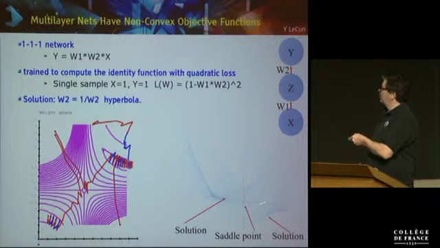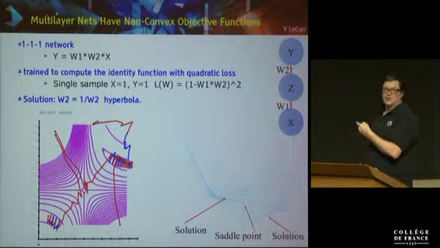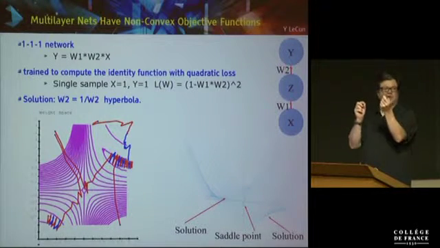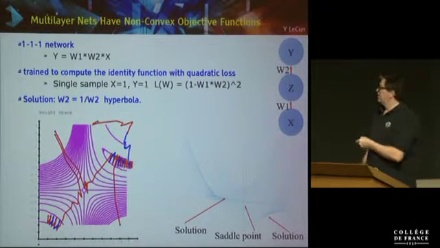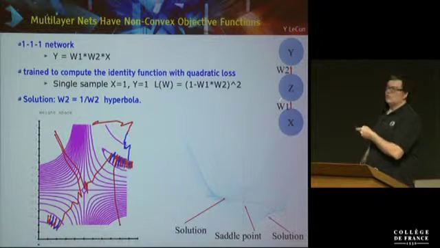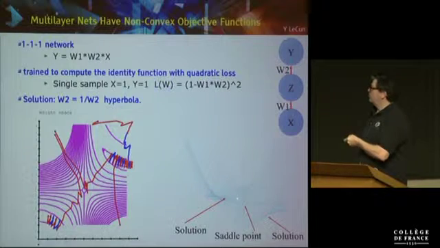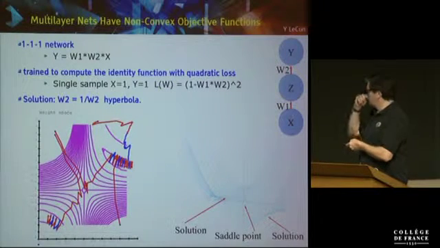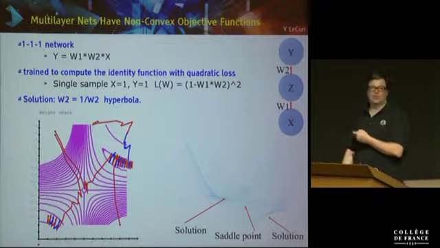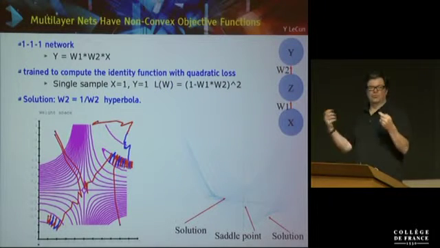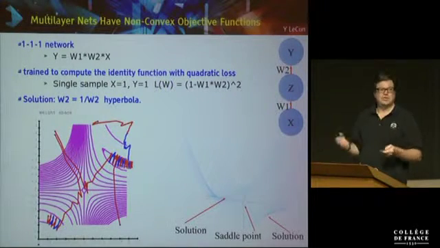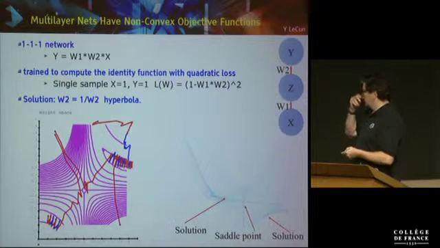Clearly, between both, there's a saddle point. Each time you have a symmetry, there's a saddle point. And since you have a lot of symmetry in large networks because of the combinatorials of changing units, that leads to a situation where the number of saddle points in the loss function of a multilayer network is huge.